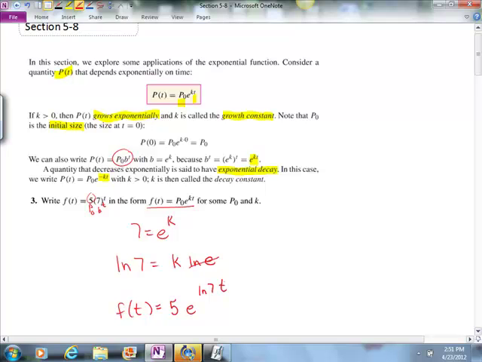So all they really want you to do on number 3 is just notice how you can write one in the form 5 times 7 to the t in the form of an exponential equation, where the k then is your ln 7.